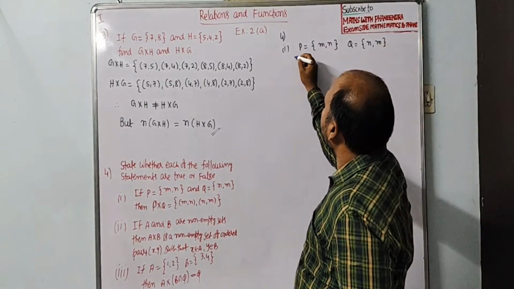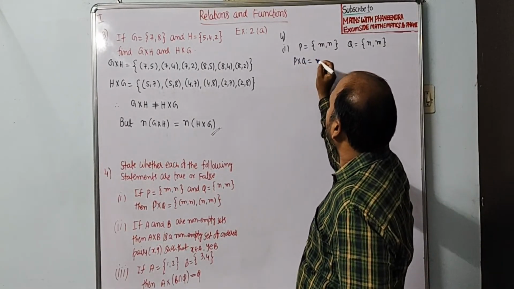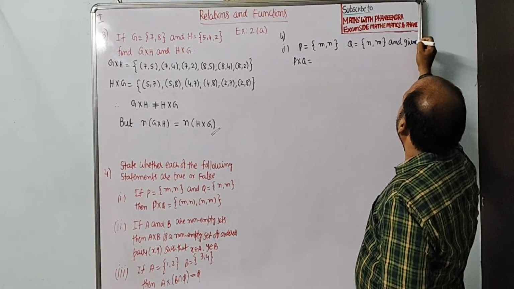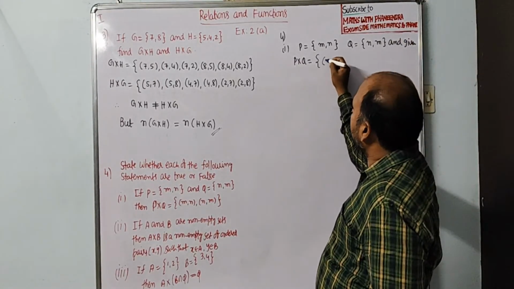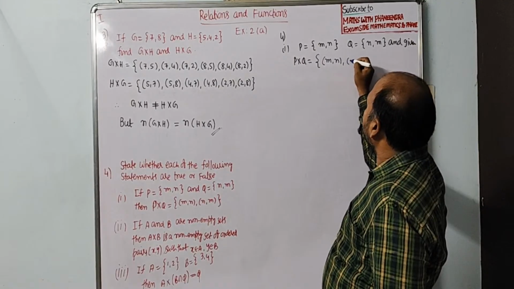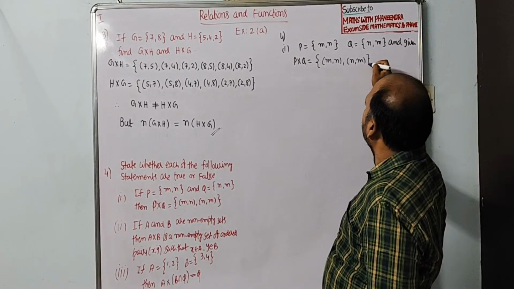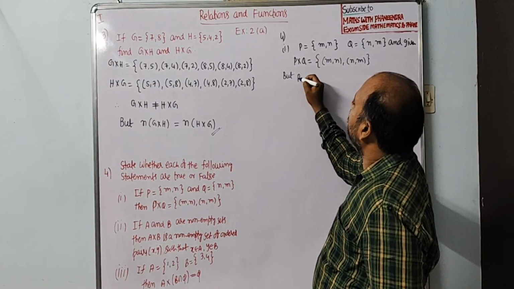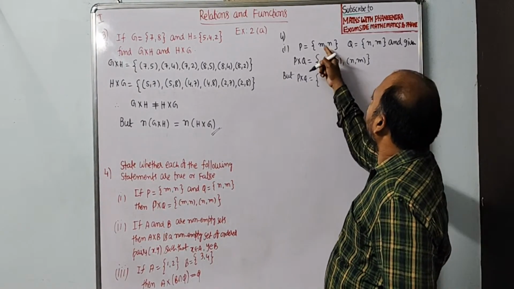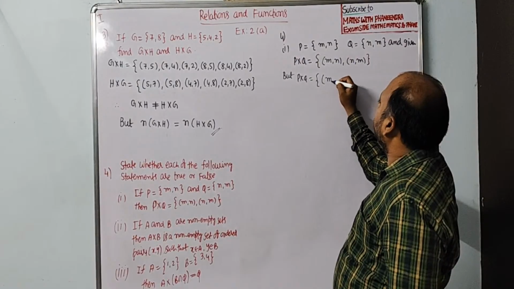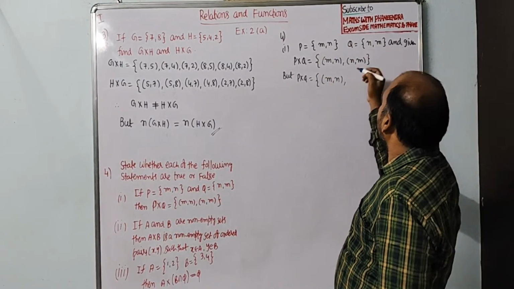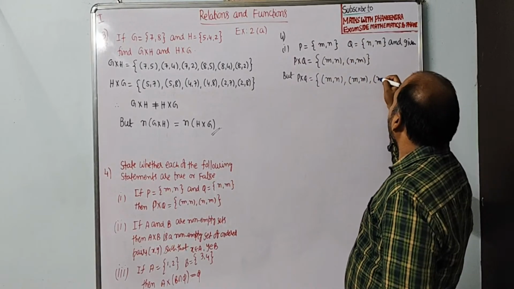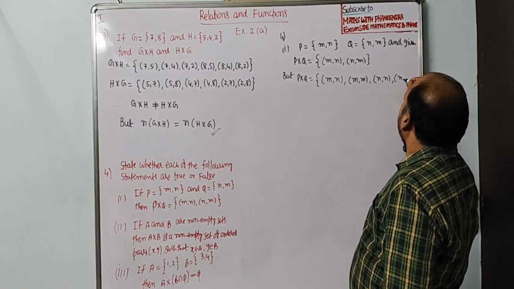So P cross Q is given as (m, n), (n, m). But P cross Q is equal to (m, n), (n, n), (n, m).